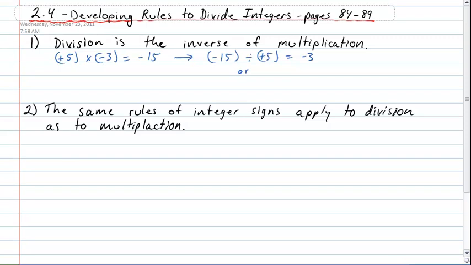And we can say negative 15 divided by negative 3 equals positive 5. It's the inverse. And sorry, I don't need brackets here. Alright? And that's what we talk about when we say division is the inverse of multiplication.